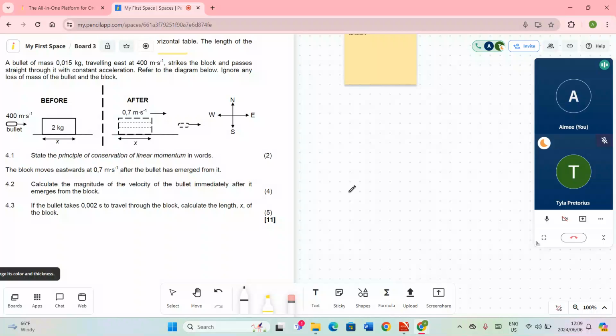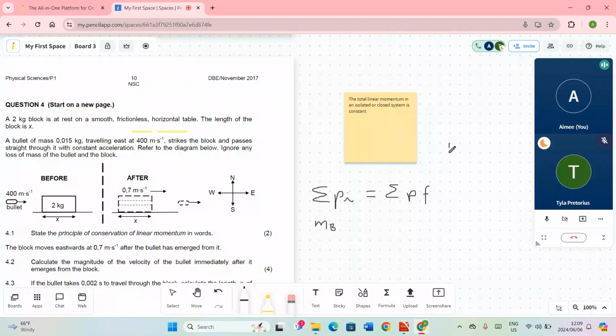The formula is the sum of the momentum initially is equal to the sum of momentum finally. So we expand on this formula: capital B is the bullet, and small b is the block.